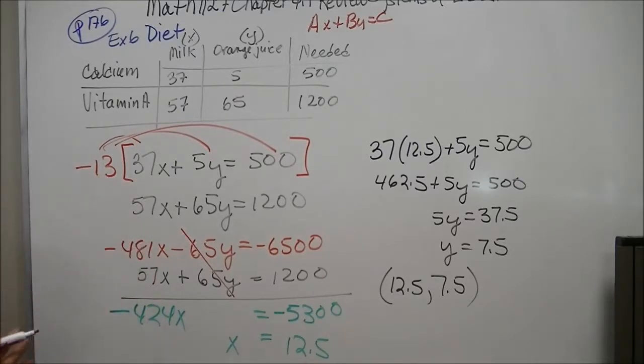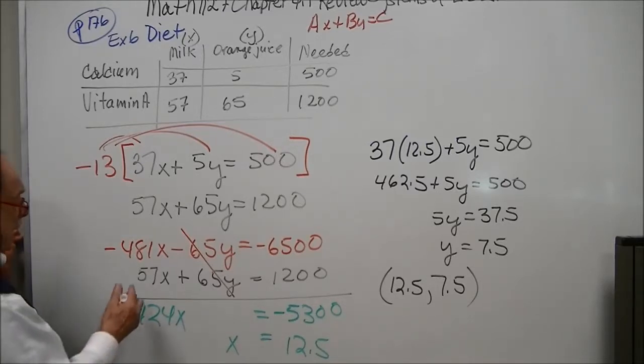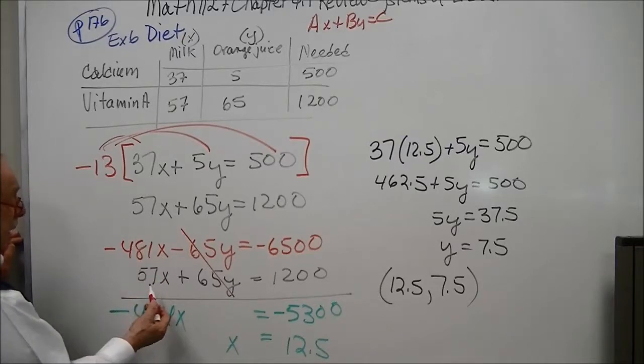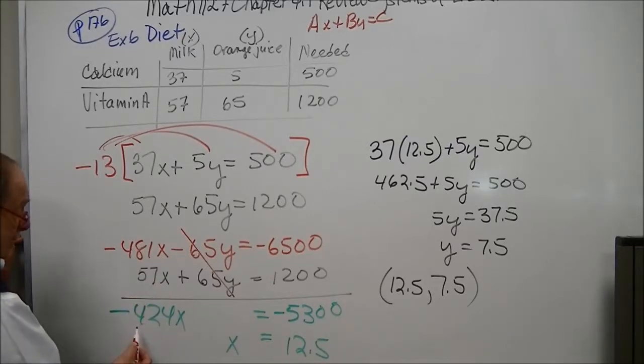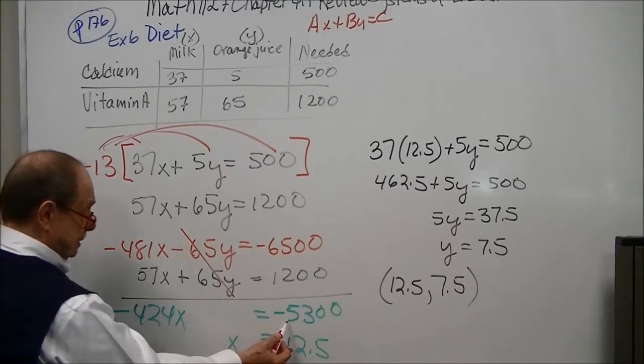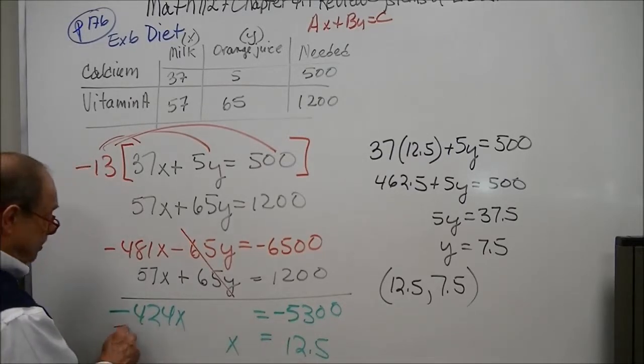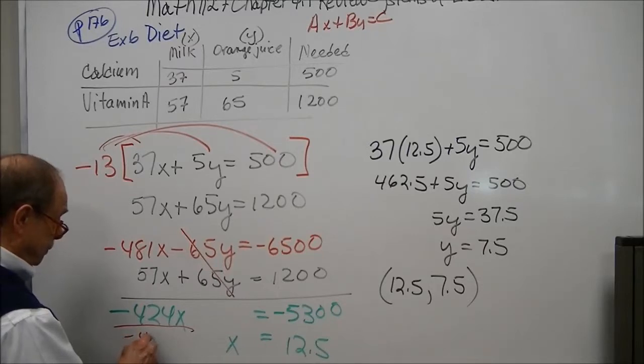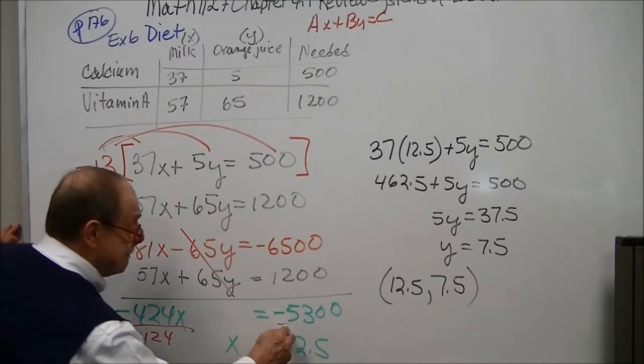Again, throughout this, you need to be careful of your signs and double check your work. Now, when we did this subtraction, addition, depending how you look at it, we get this equals this. Then we divide both sides by a negative 424.